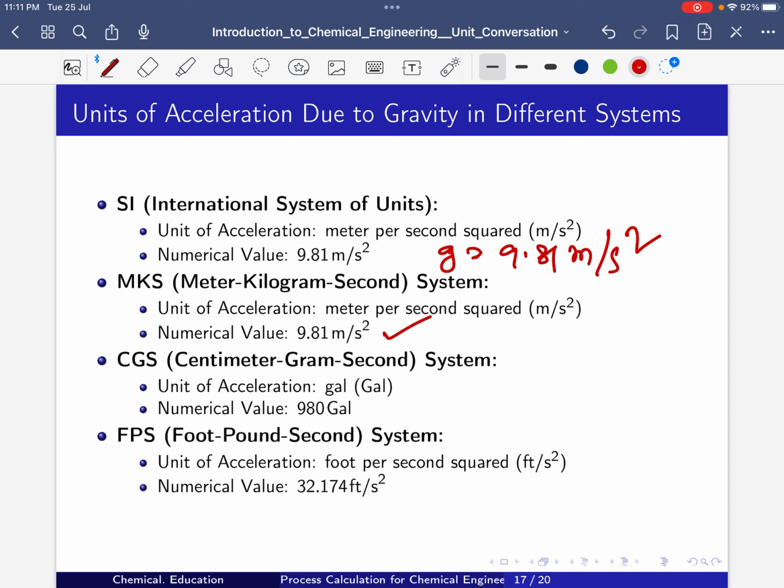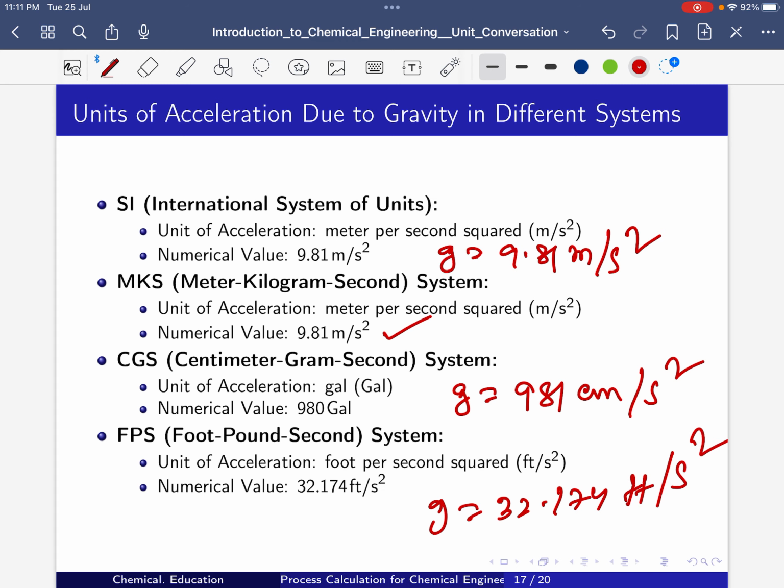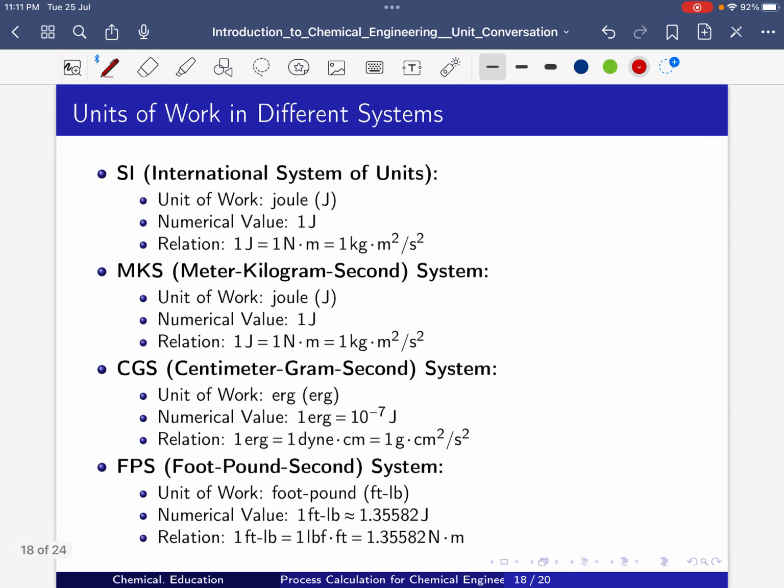In CGS the acceleration unit is called gal, so g is equal to 980 centimeter per second square. And for foot pound second, g is 32.174 foot per second square. Remember that.